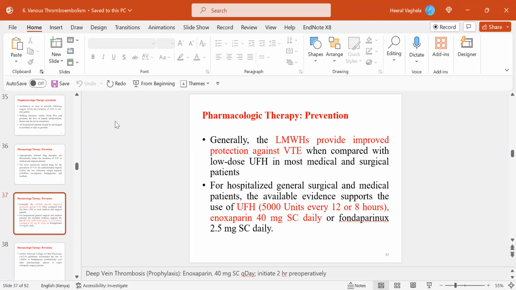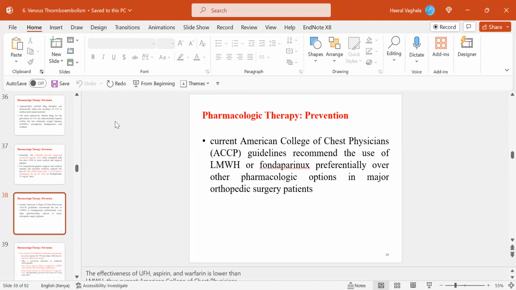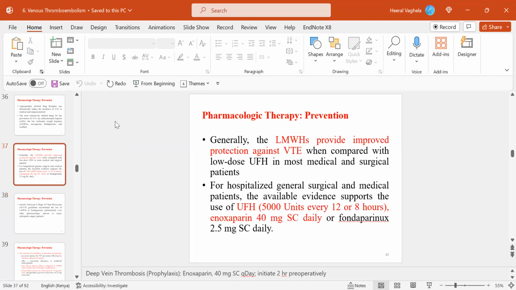There are so many medications that can be given. For prevention would be low molecular weight heparins and unfractionated heparins, but these are mostly for hospitalized patients who are either going into surgery where blood clots can form, or who don't have enough physical activity when they're hospitalized.